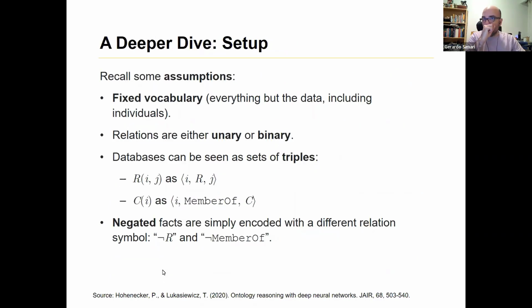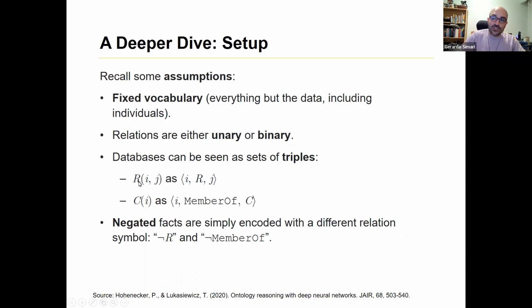So a few assumptions, like we mentioned before, and that the authors also make explicitly, is that we have a fixed vocabulary, so everything but the data, including the individuals, will be fixed. Relations are either unary or binary, and databases can be seen as sets of triples.